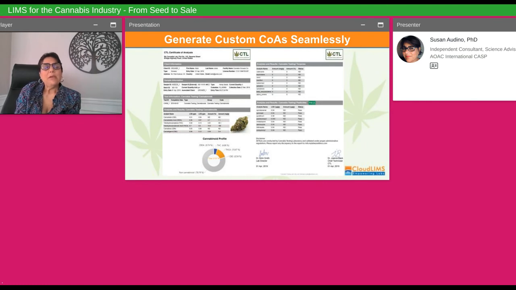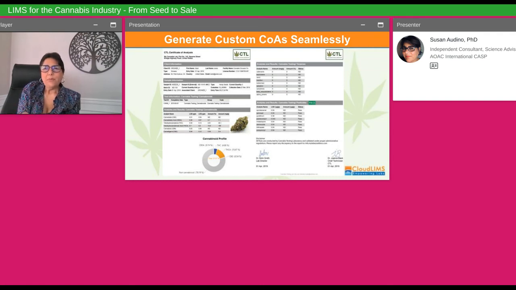We want to make it as easy for you as possible to get this information out that is important for your customer. So we're directing LIMS to generate the COA only on the data that is important to you and to your customer. And it does it very easily.